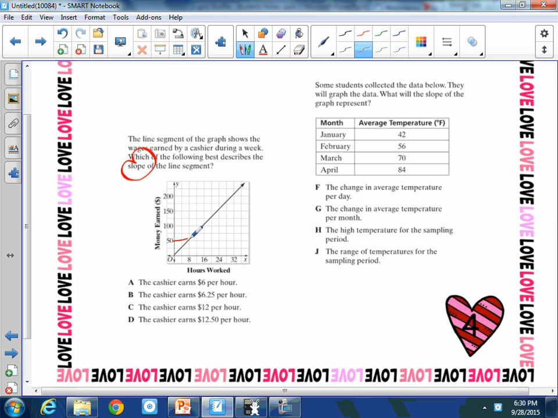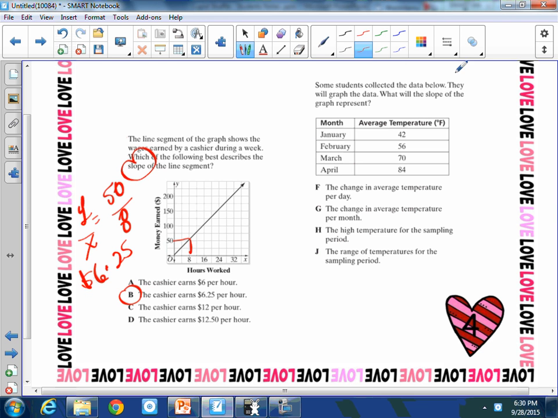So look for a point that you can read, and let's do y divided by x. Y is 50, x is 8. So 50 divided by 8 would be $6.25. So the cashier earns $6.25 per hour.